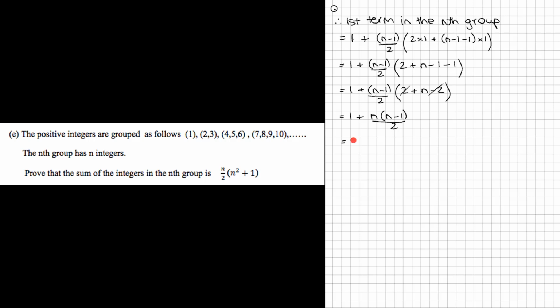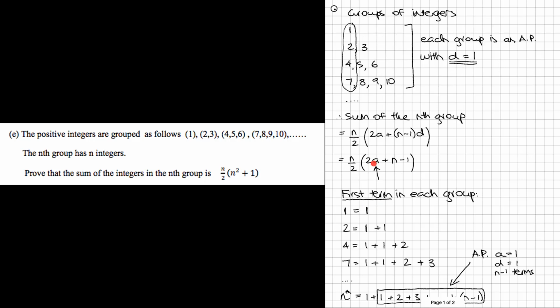So that would be 2 plus n minus 1, all divided by 2. And then if I expand out this bracket, we get 2 plus n squared minus n divided by 2. And if I write this with the n's first, that's n squared minus n plus 2 all divided by 2. So this is the a that we needed to work out to then substitute back in.